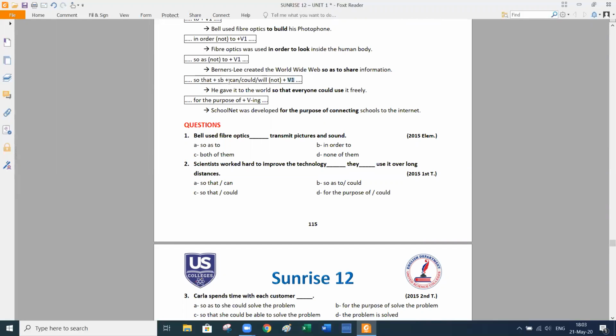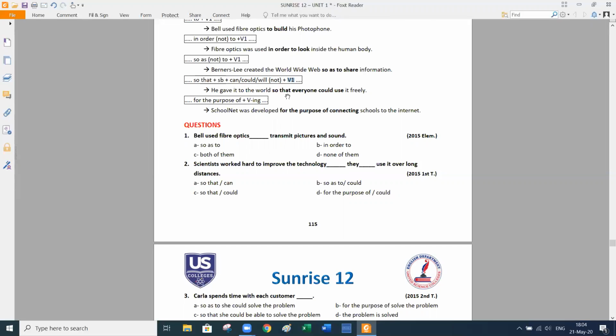As you know, after modal verbs, we never use to. We use infinitive without to. After ought to, we use verb 1, but ought is always used together with to. That's different, okay? But after other modal verbs, we use verb 1, infinitive without to.